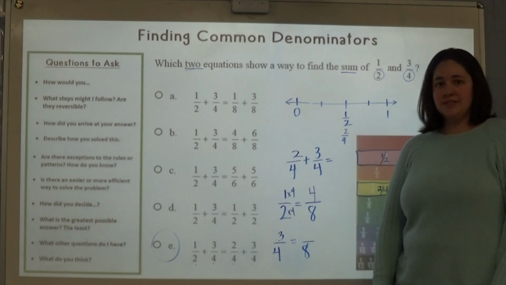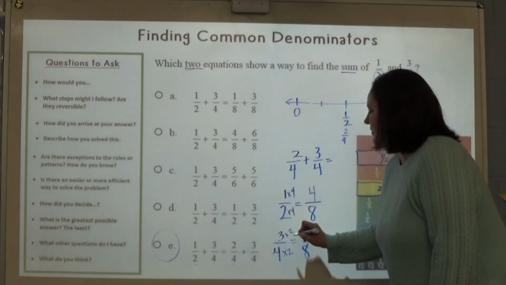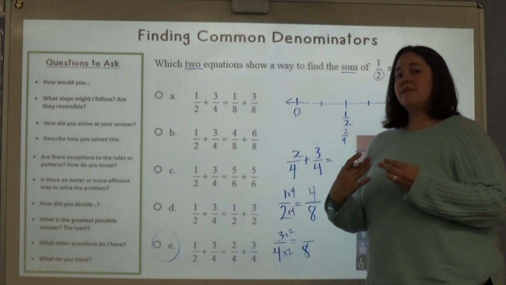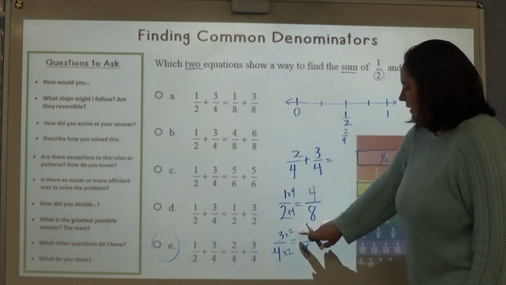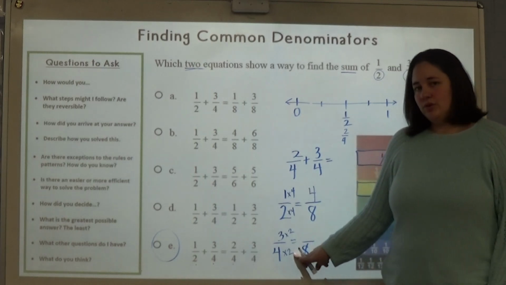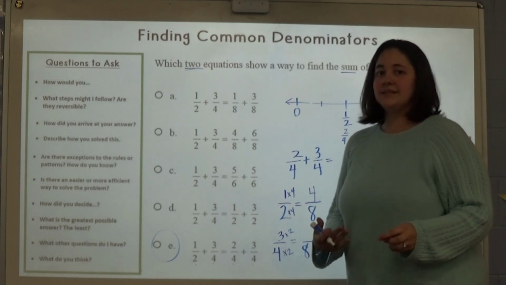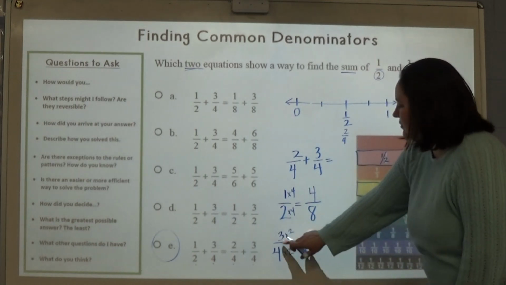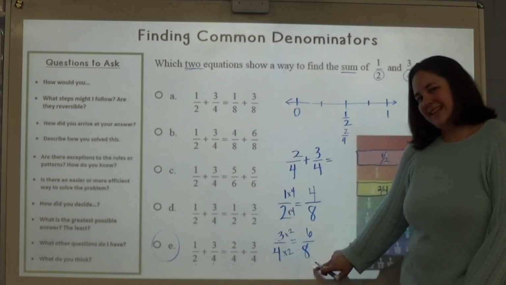And 4 times 2 is equal to 8. So we'll multiply the denominator by 2 and the numerator by 2 because we want to keep the value the same. We just want to name it a little bit differently. Really, we're multiplying by 2 over 2, which is equal to 1 whole. And any number times 1 is itself. Okay? So 3 times 2 is 6. So we can say 3/4 is equal to 6/8.